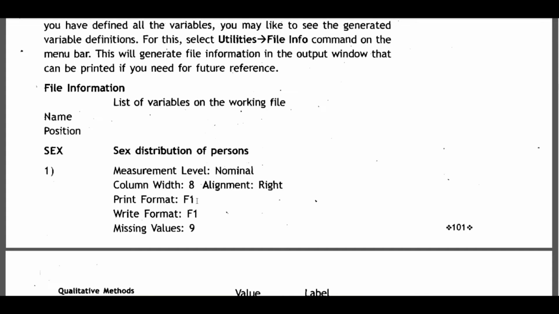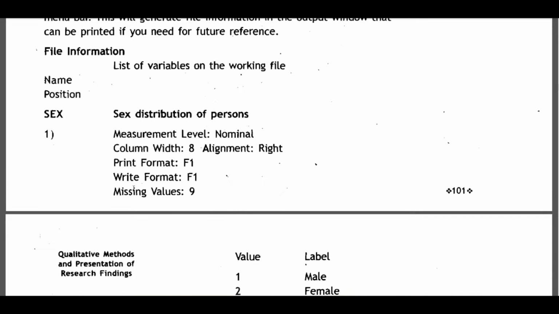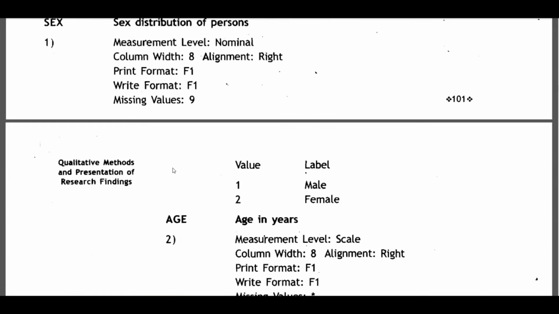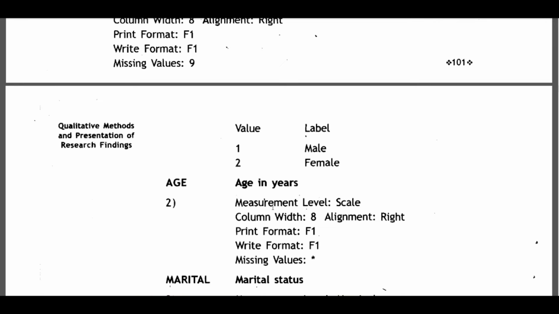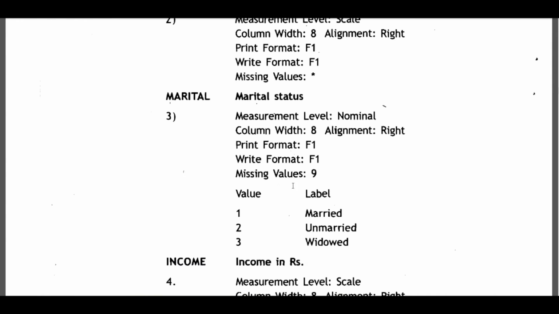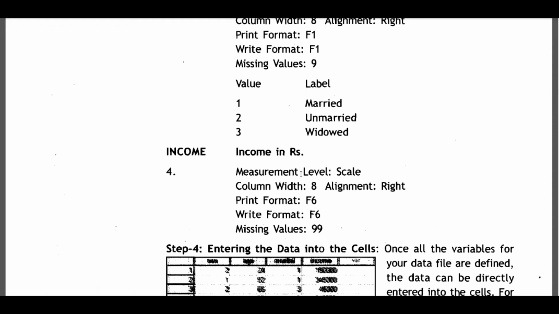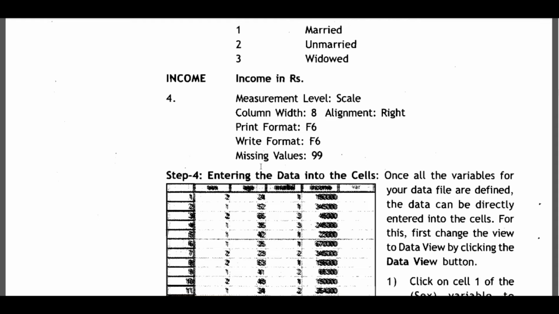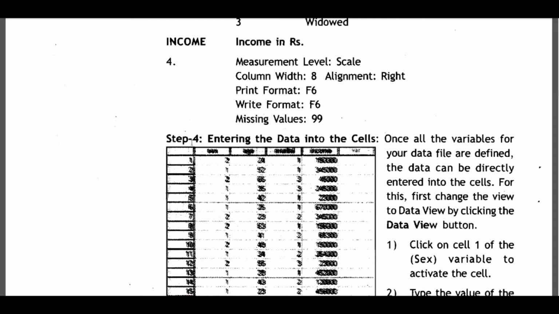The print format is F1, the write format is F1, the missing value is 9, and the label values are 1 and 2, for male and female. For age we have also given different settings, and marital status we have given different labels, and income also has its print format and the rest. This is just to see what we have entered here.